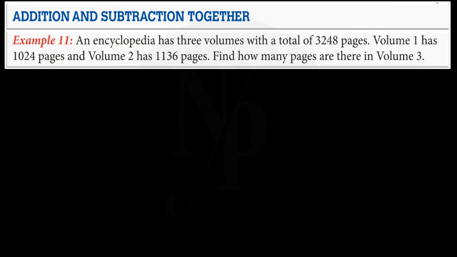So, dear children, encyclopedias are large books with thousands of pages. So usually such large or huge books are made into several parts or volumes.